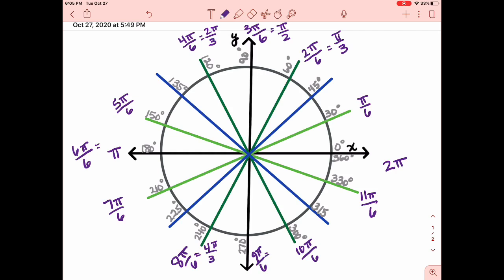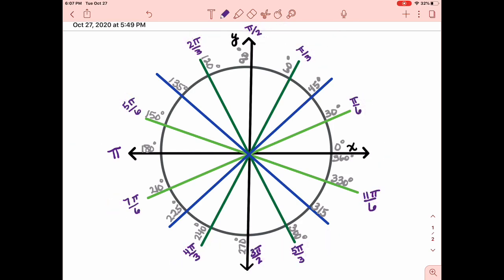This becomes 3 pi over 2. This becomes 5 pi over 3. And this is fine the way it is. Notice that this would have been 12 pi over 6, which is 2 pi. Notice that the fractions with the denominator of 6 correspond to the lighter green, and the denominator of 3 correspond to the darker green.